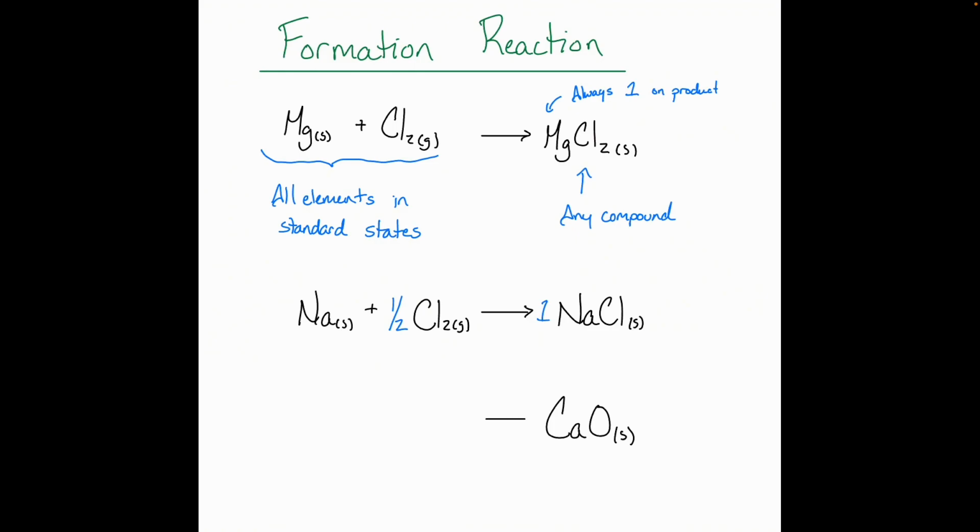All right, so calcium in its standard state is just solid calcium metal plus oxygen in its standard state. Remember we said oxygen was diatomic, so it's O2 gas. But I can't be done here because this isn't balanced, and I'm going to balance it specifically so that there's a 1 on that product side. So in order to do that, I'm going to need to put the 1/2 in front of my oxygen here.